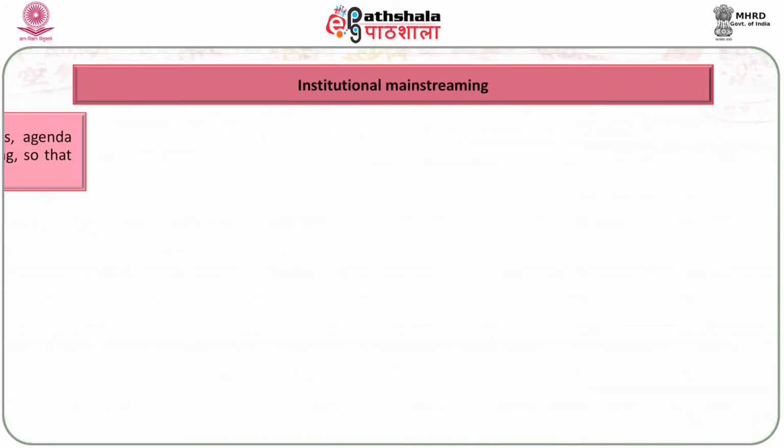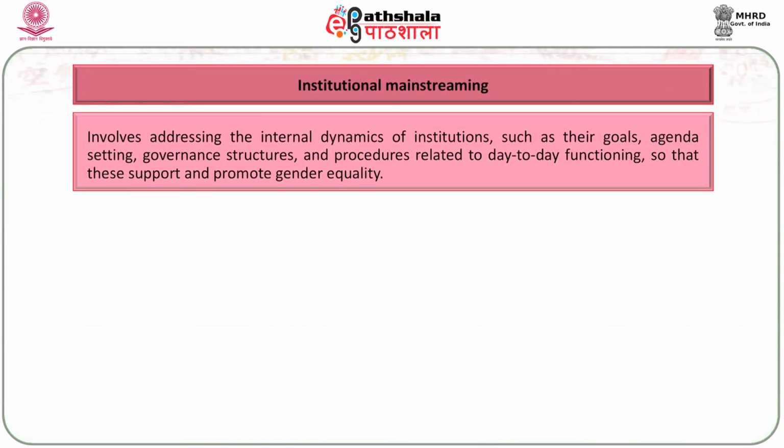Point 2 is institutional mainstreaming. Institutional mainstreaming involves addressing the internal dynamics of institutions, such as their goals, agendas, governance structures and procedures related to day-to-day functioning, so that these support and promote gender equality.